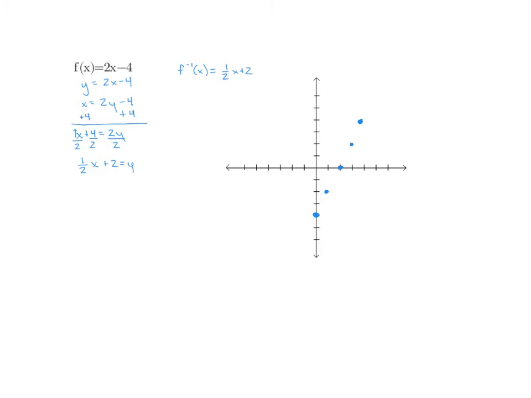We should get something that looks like this. And we draw our line. All right, if we graph y equals 1/2 x plus 2, we start off at a y-intercept of 0, 2. We're going to go up 1 over 2.